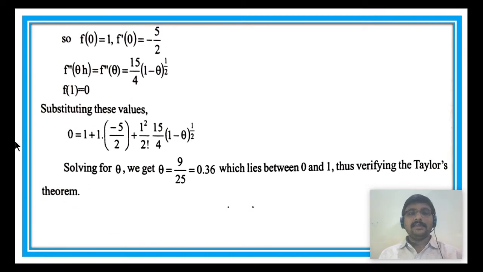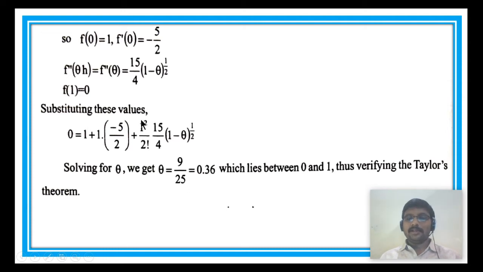Now substituting the functional values, that is f of 0, f dash of 0, f dash of 0 is obtained by replacing x equal to 0 in f dash of x, f double dash of theta h, which is obtained by replacing x equal to theta h in f double dash of x. So f double dash of theta h, h is here 1, thus we will have 15 by 4 into 1 minus theta whole to the power of 1 by 2.